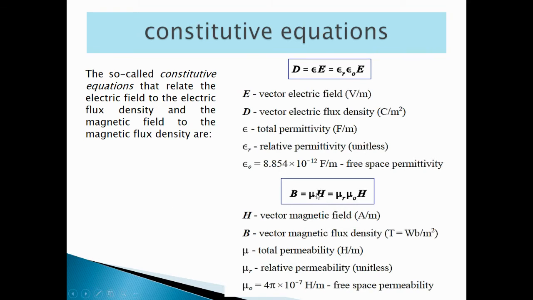Mu is the permeability of a magnetic field. For the magnetic field we use permeability; for the electric field we call it permittivity. So here the equation is B is equal to mu H, and similarly to the permittivity, mu is equal to mu R multiplied by mu naught. If these two are given, you can calculate this one.